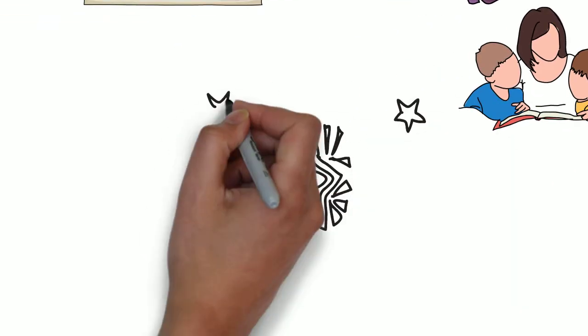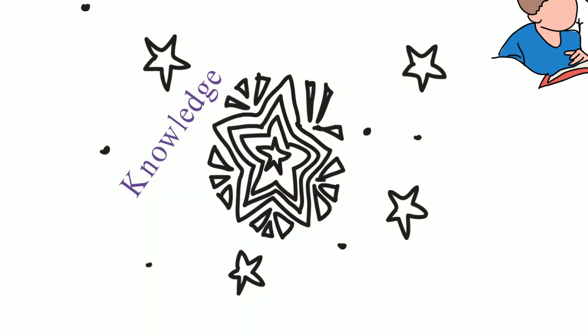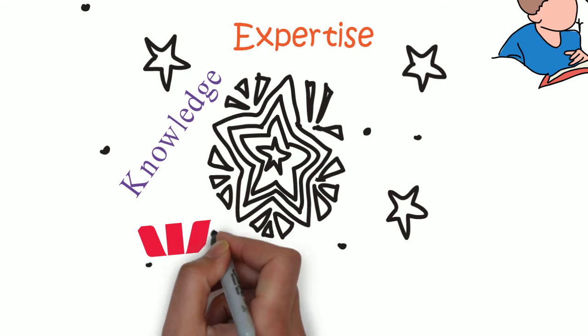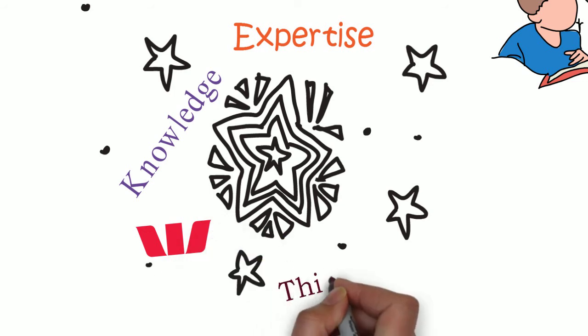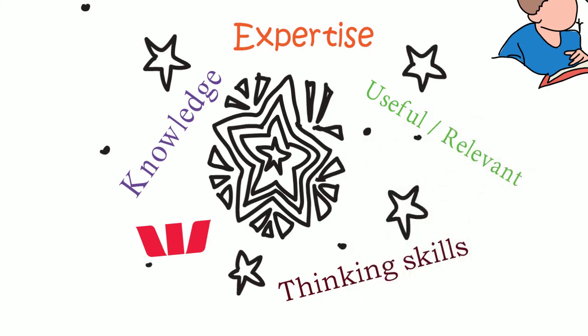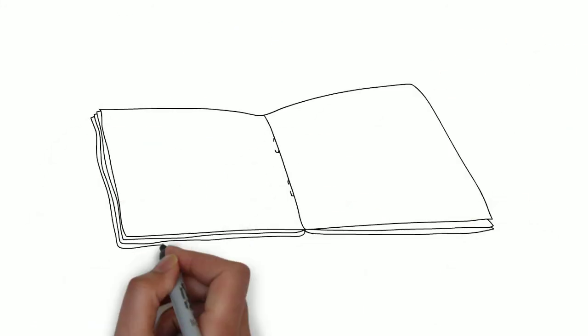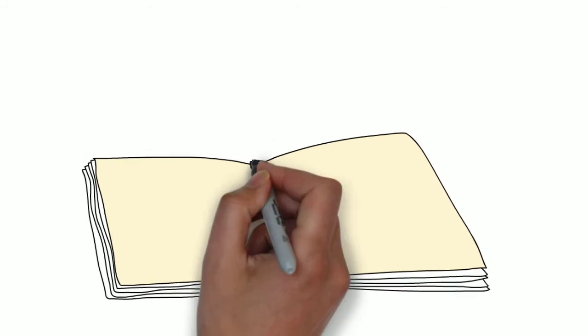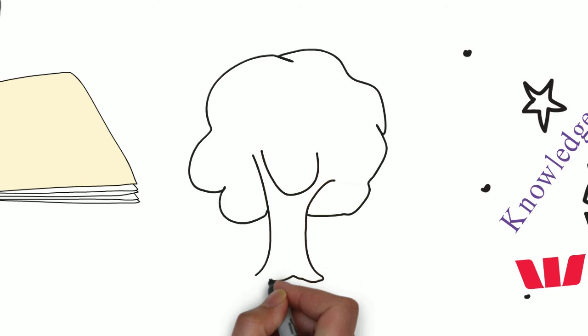We need to utilise our knowledge and expertise as well as our understanding of the context of our organisation. We apply our own critical thinking and sense what is useful and relevant. This is also how we learn, and consequently why content curation is a growing part of many people's personal and professional development.